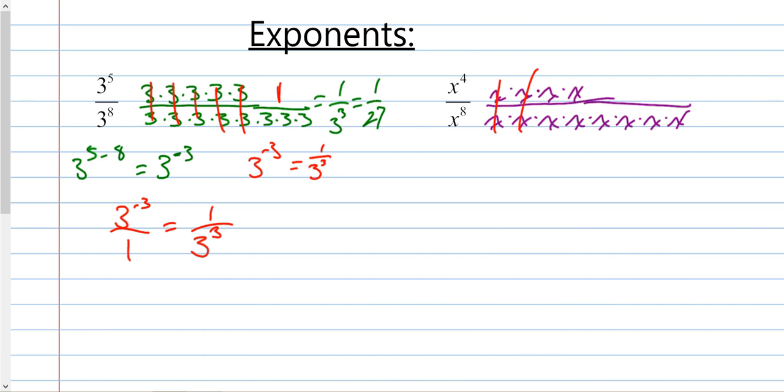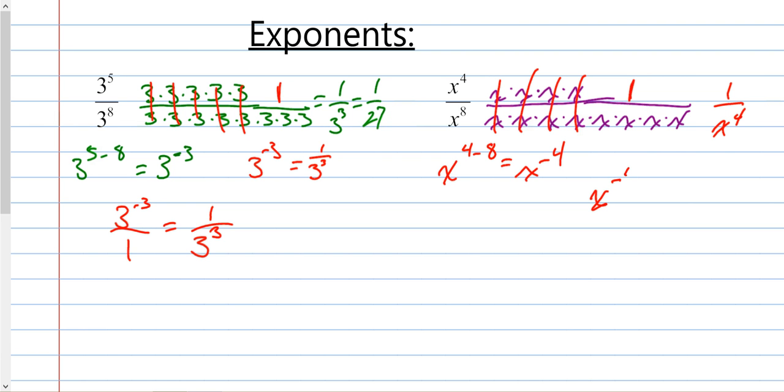And then I cancel what cancels, and write the 1 that goes on top there. And I wind up with 1 over x to the 4th. And based on our subtraction rule, we should have x to the negative 4th.